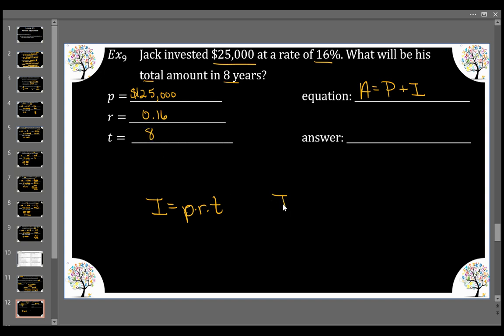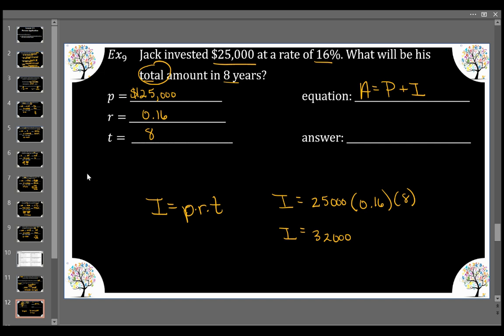So the total amount of interest is 25,000 times 0.16 times 8. So we just simply have to calculate straight across, multiplying, and we get $32,000. Now the question is, what will be his total amount in 8 years?